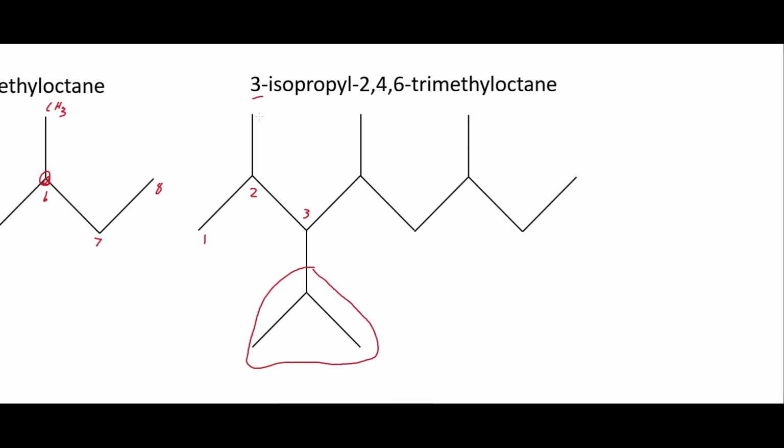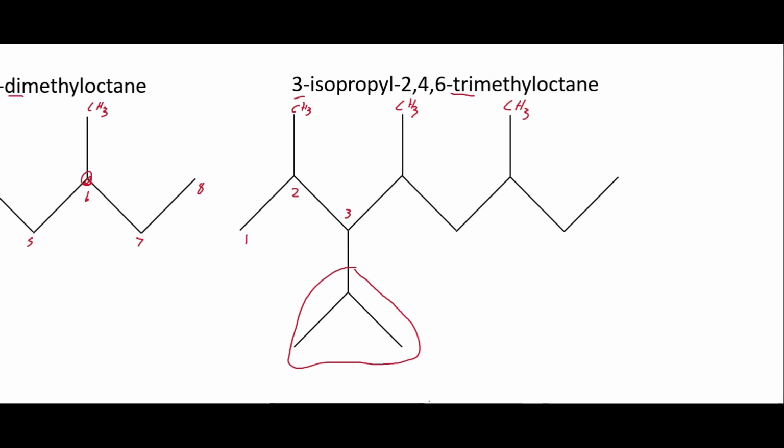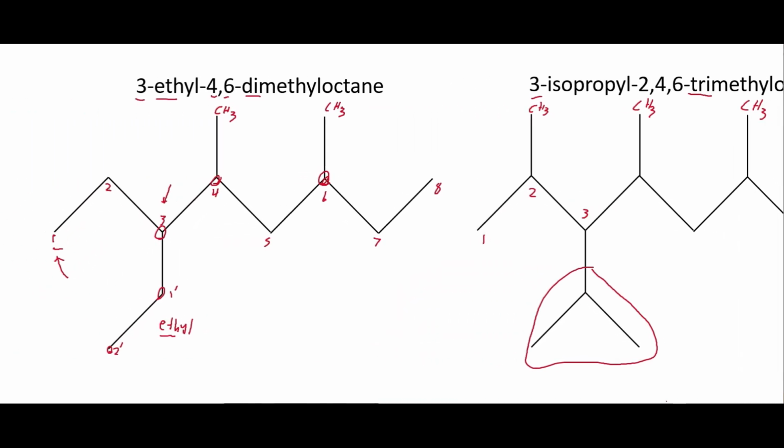But now I've put this methyl group here, which is on the second one, and then we have this on the fourth one and this on the sixth one. So it's 2, 4, 6-trimethyl octane. So we still have 8 carbons in our main backbone, which is the longest continuous linear chain of carbons on there.